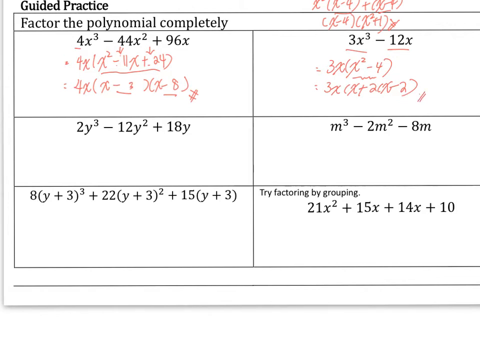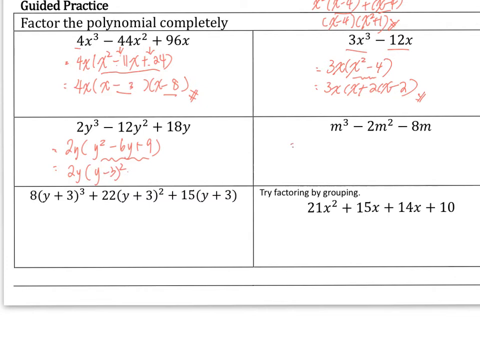And that will be complete. And now for the next one, I can also take out the GCF 2y. So I'll get y squared minus 6y plus 9 as my trinomial. And I notice that this is a perfect square. So I can do this.